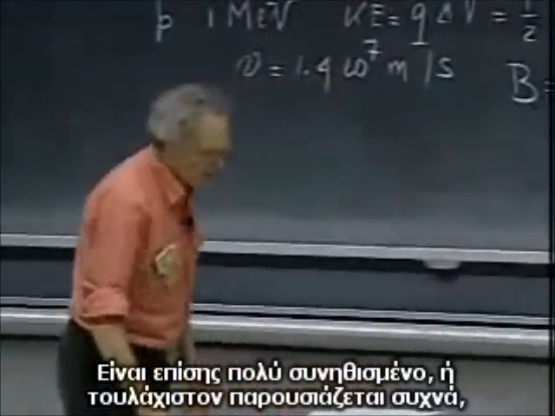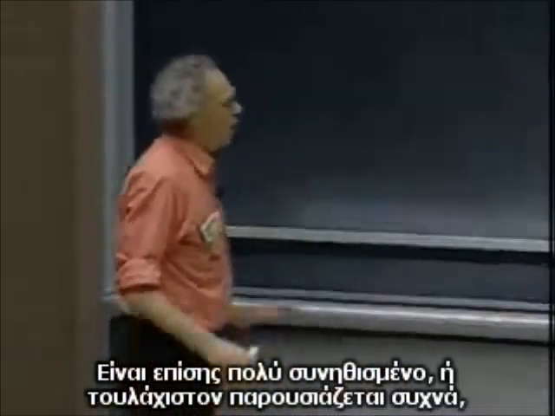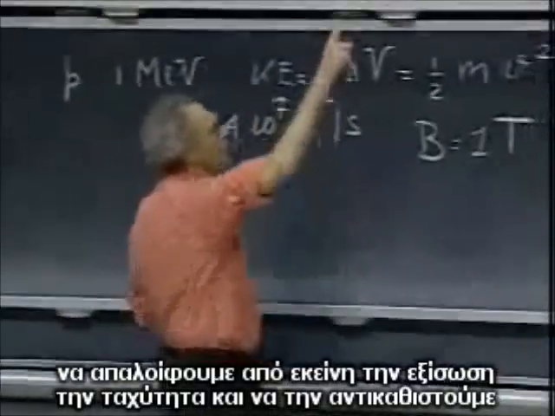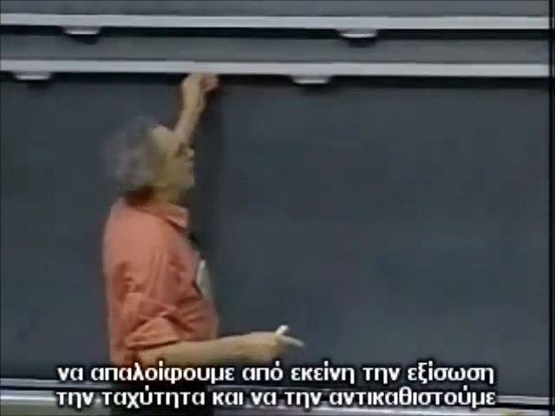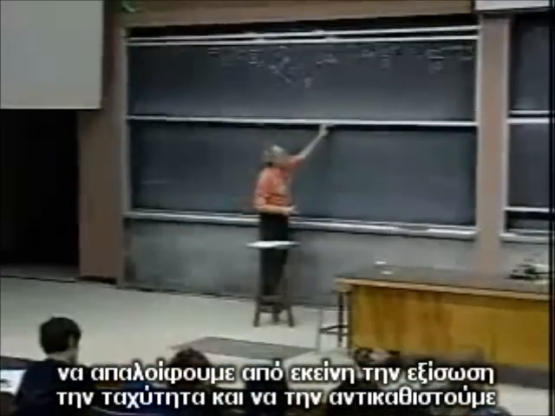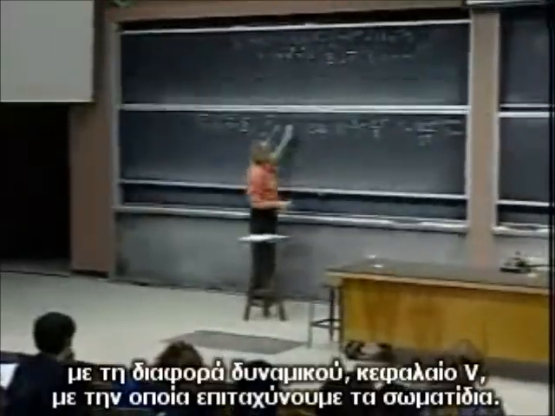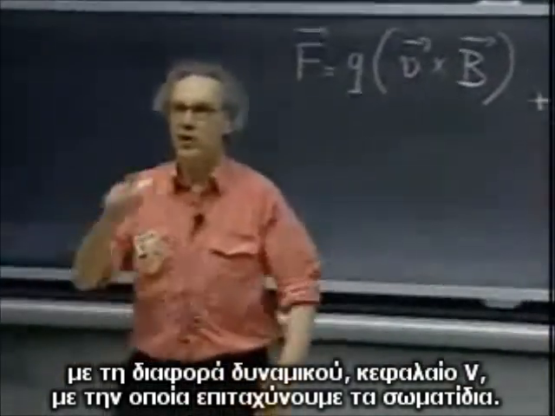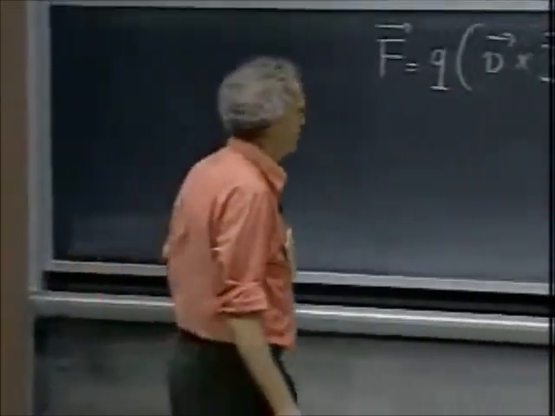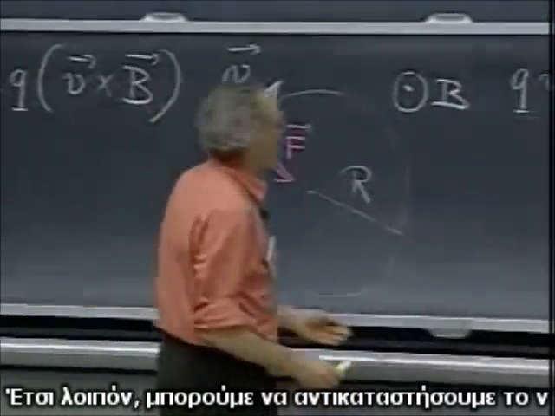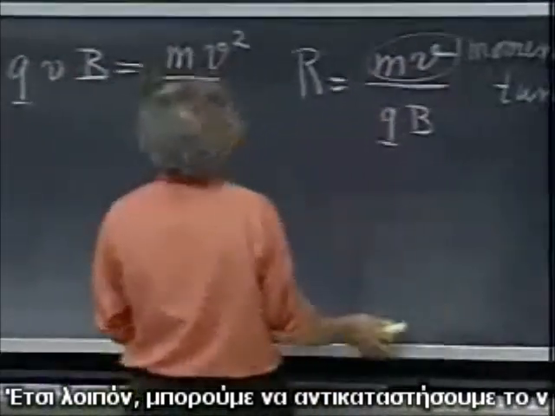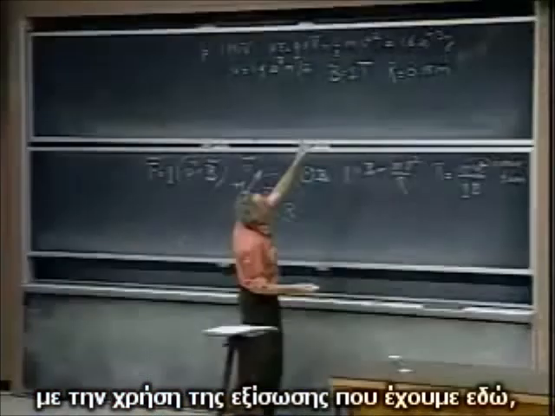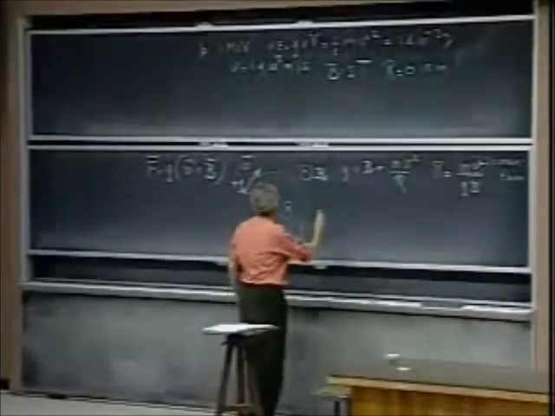It is more common, or at least often done, to eliminate out of that equation there the velocity and replace it by the potential difference, capital V, over which we accelerate these particles. And so what you can do, you can replace this V by using the equation I have there, the 1/2 mv squared.